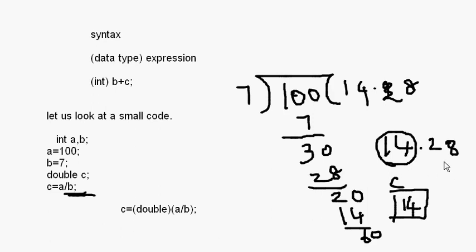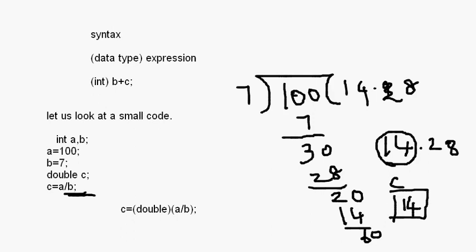I'm taking only two decimals here. So double has a capacity, it can store more decimals. So this expression is now evaluated as data type double.